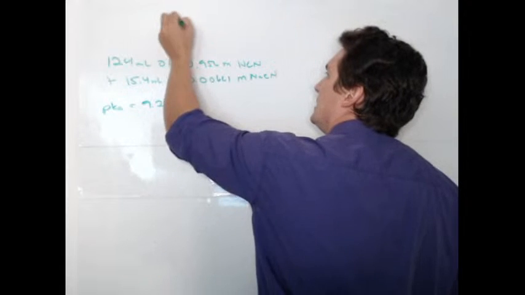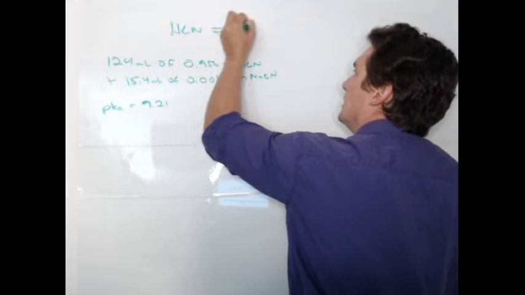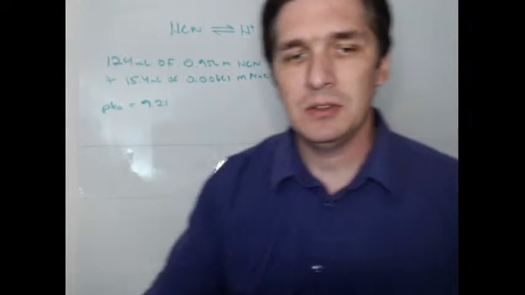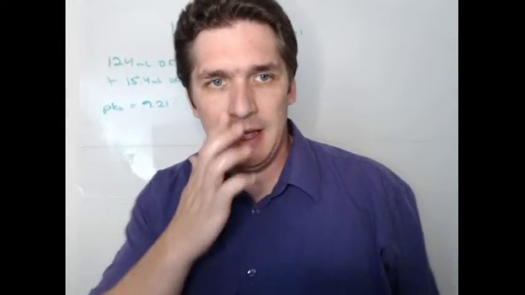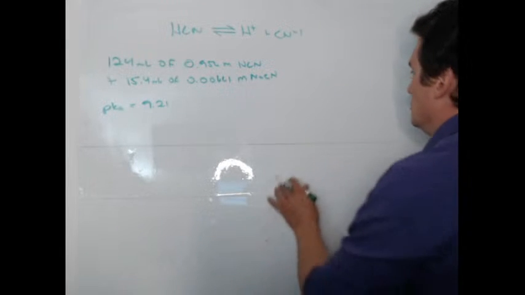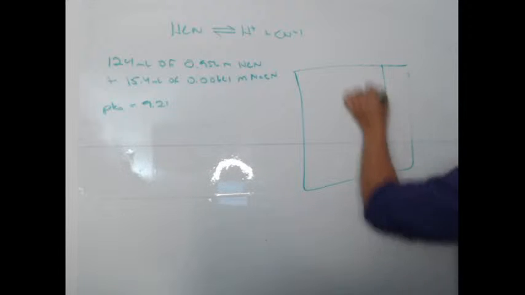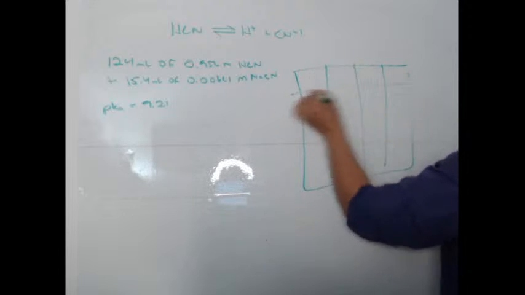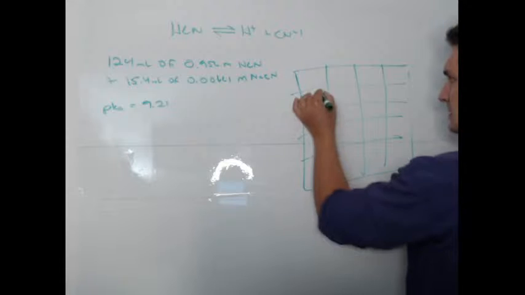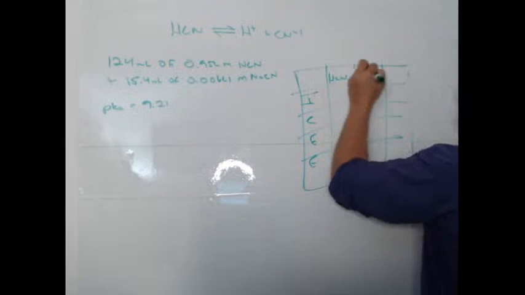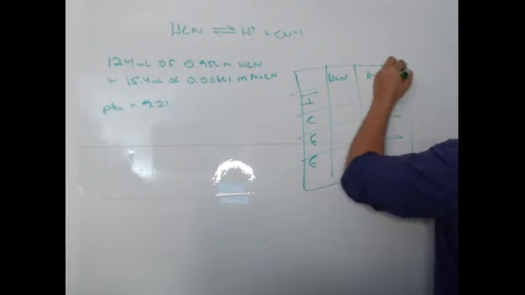So your reaction is HCN going back and forth to H plus and CN minus. I'm not going to bother with the AQs. You should know that at this point. What we've got here is a dilution problem paired with a pH problem, so we still need our IC table: HCN, H plus, CN minus.